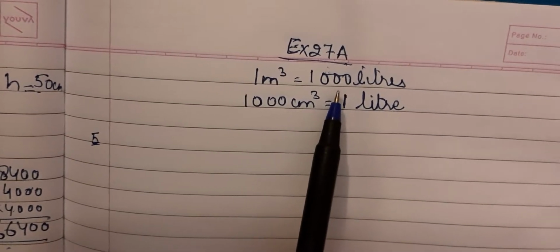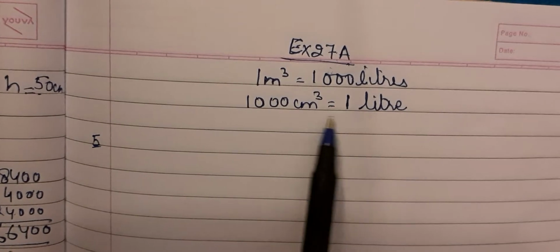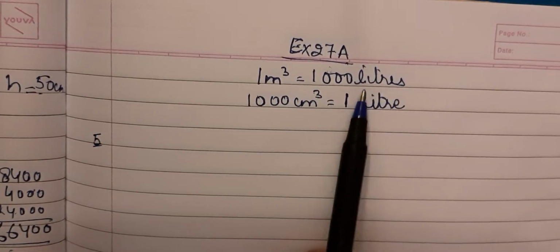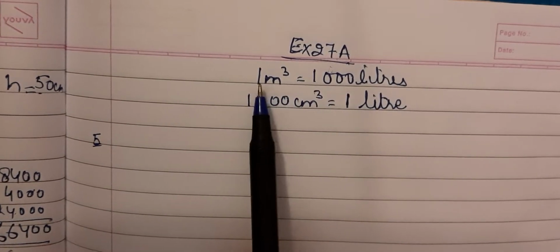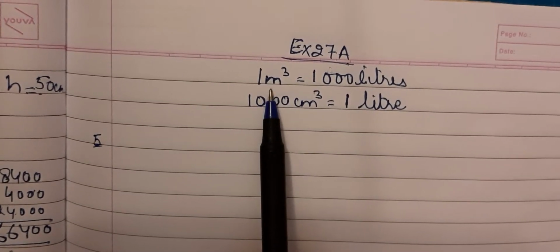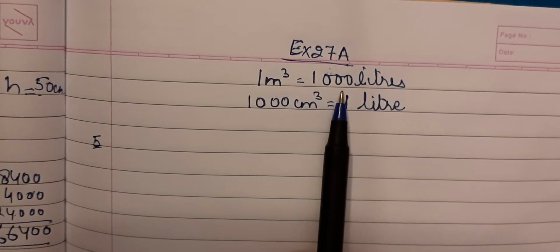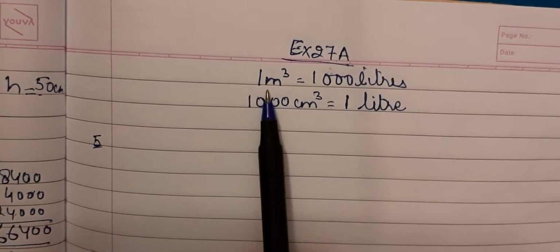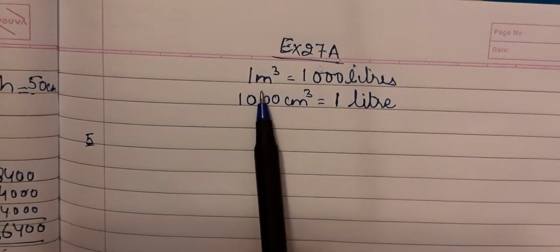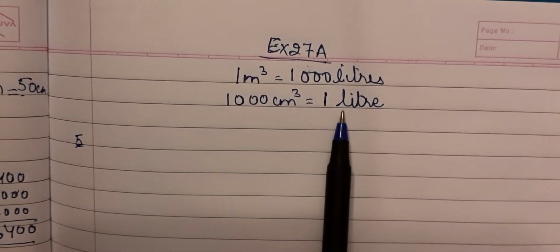Now in some questions you may be asked to change liters into meter cube or liters into centimeter cube, because liter is also a unit of volume. So you have to remember this relation: 1 meter cube of volume is equal to 1000 liters, or in other words, 1000 liters make 1 meter cube of volume, and 1000 centimeter cube makes 1 liter.